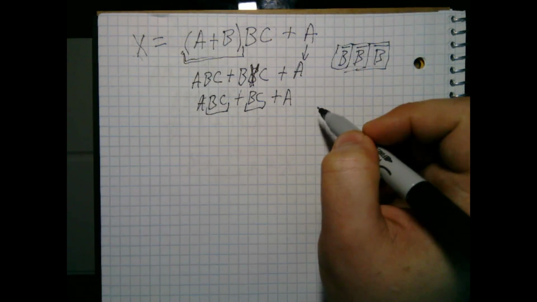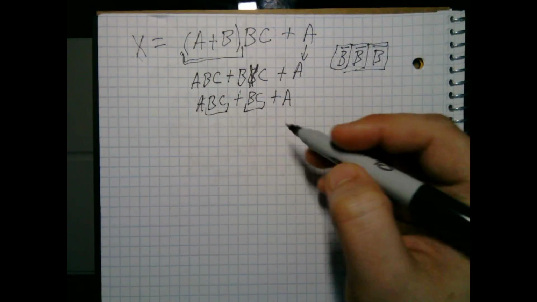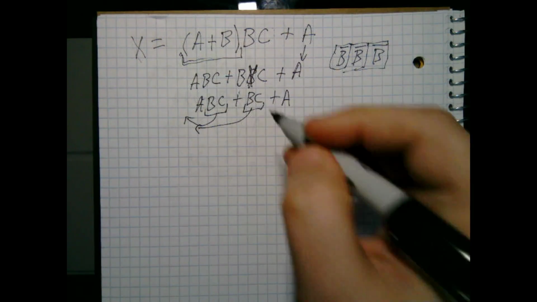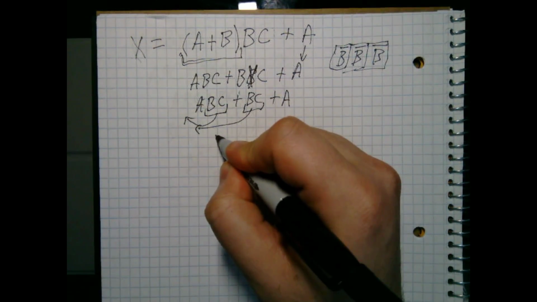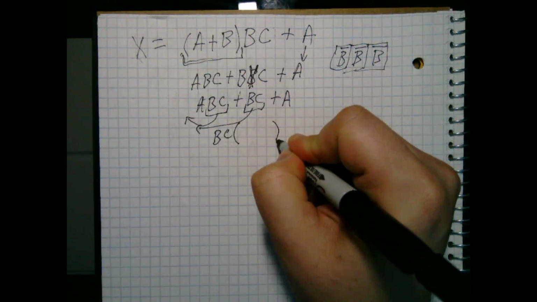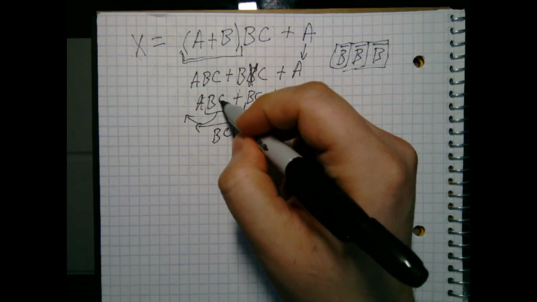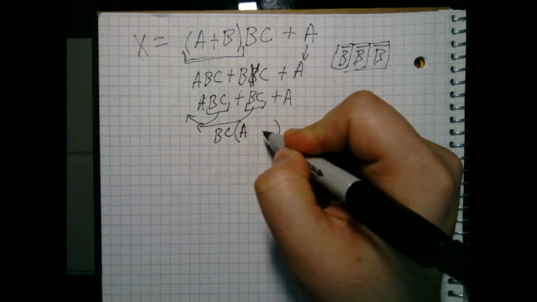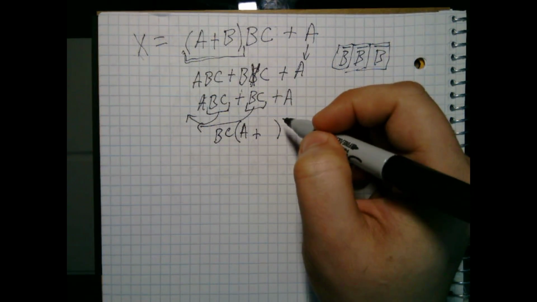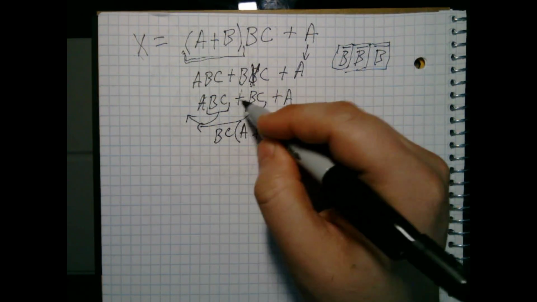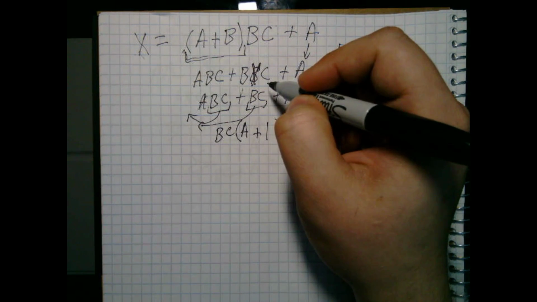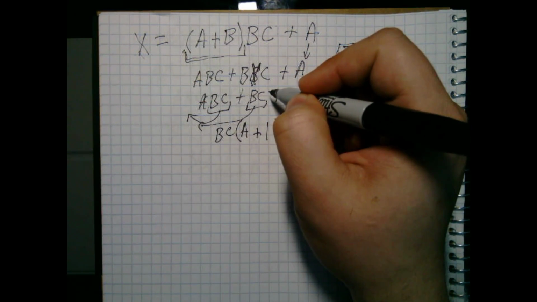So in the reverse of our distributive property, we can actually pull out the BCs. Just like in algebra class, we are left with BC, and then we have parentheses because we pulled it out of those values there. If we pull BC out from this term, we're left with A. If we pull it out from this term, there was nothing, it was just BC there. But in algebra class, what would you do if you pulled out two variables from that? You would just represent it with a 1, right? Because you can think of this as B and C ANDed with a 1.